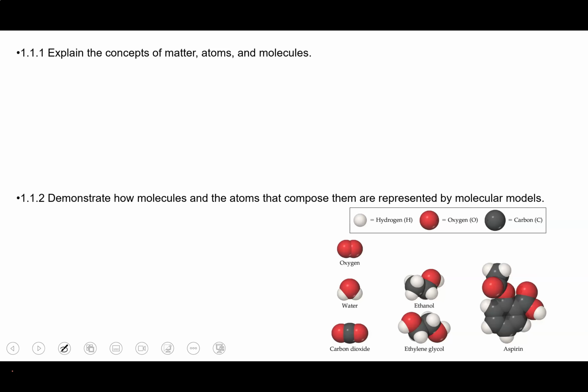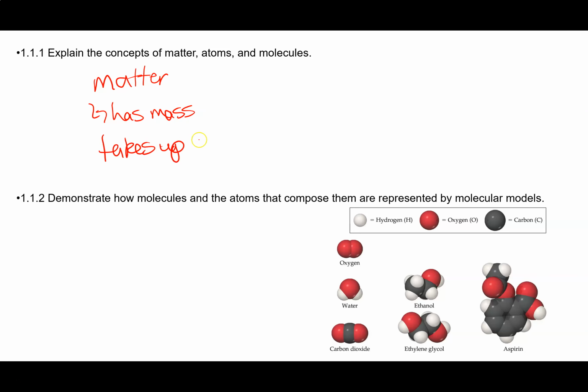In section 1 of chapter 1, very first thing you're asked to do is to explain the difference between matter, atoms, and molecules. For reference, matter is literally defined as anything that has mass, takes up space. Okay. From there, we then further define it using terms like atoms, elements, and molecules.